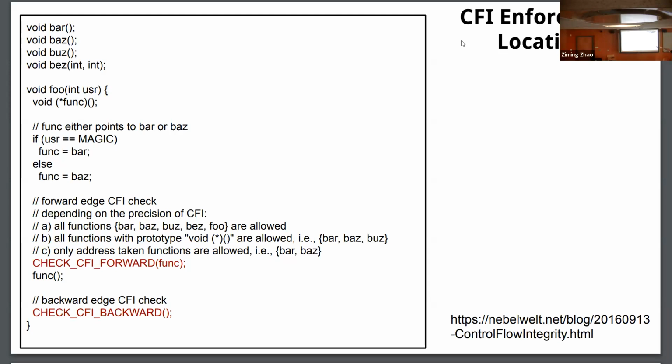When you are user magic, you are only supposed to call bar, but this is under attack and changed. The attacker cannot change it to any arbitrary address, but can change it to bans. That is still technically invalid, but this approach will not be able to identify it. There is another paper on context-sensitive CFI that talks about those issues.